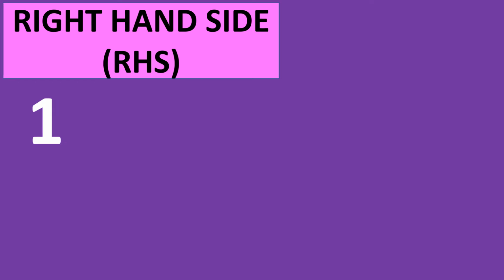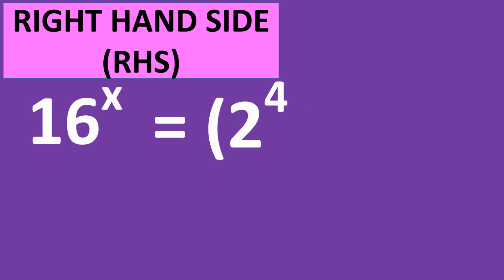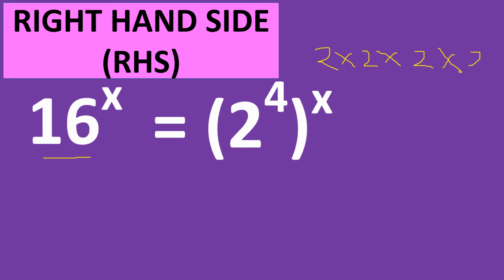Now let's look at the right-hand side. The right-hand side is 16 raised to the power of x. And we'll try and simplify this further. Note that 16 is the same as 2 times 2 times 2 times 2.